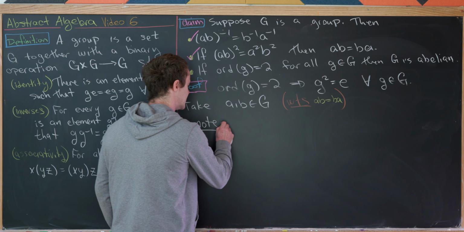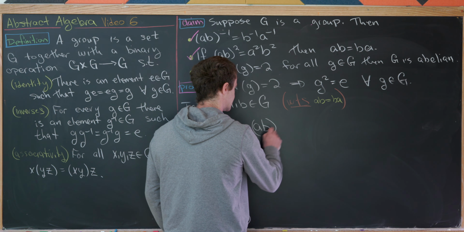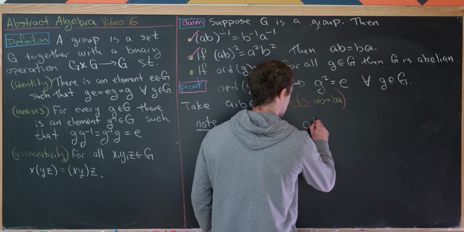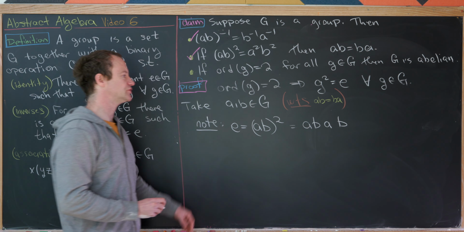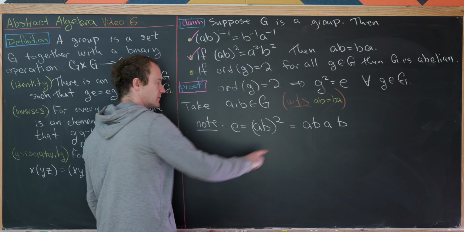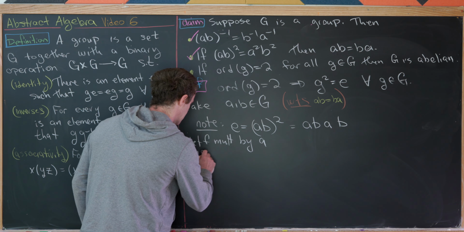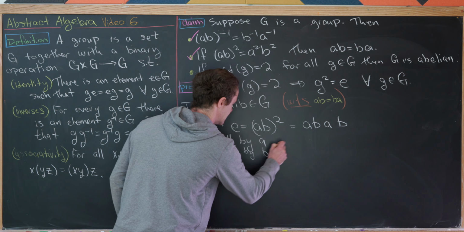So let's notice that the identity is equal to (little a times little b) squared. In turn, that's equal to a times b times a times b. But now what we'll do is left multiply by a and right multiply by b. So there, left multiply by a, and then we will, like I said, right multiply by b.